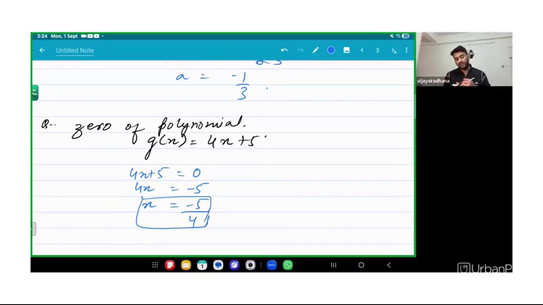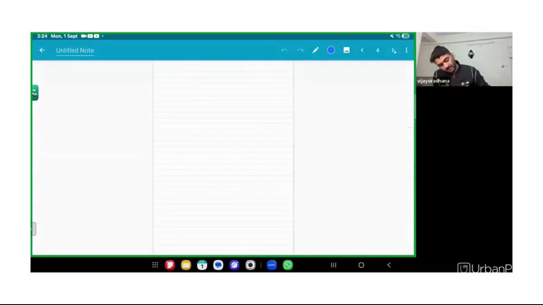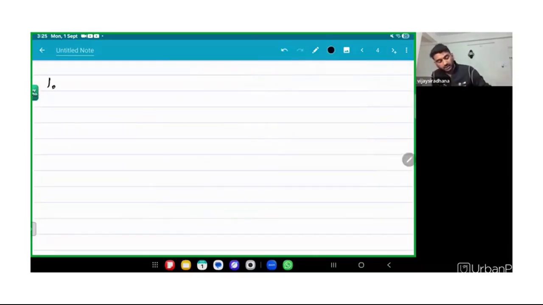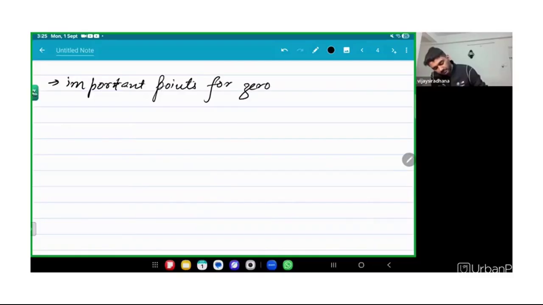Now students, over here you need to remember a few important points for the zeros of a polynomial.